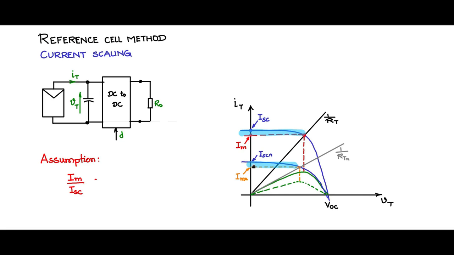IM by ISC, which is equal to IM new by ISC new, or any other IM and ISC pair, is equal to a constant value K, approximately equal to 0.9. Once you have chosen a PV panel from its data sheet, you can ascertain the value of this constant. Let us say for now it is around 0.9, and you will find that the IM by ISC ratio is much more constant than the VM by VOC ratio. So probably the current scaling method may be a much more accurate method.